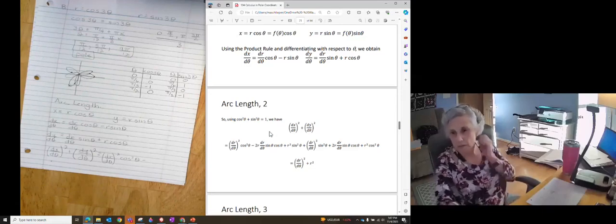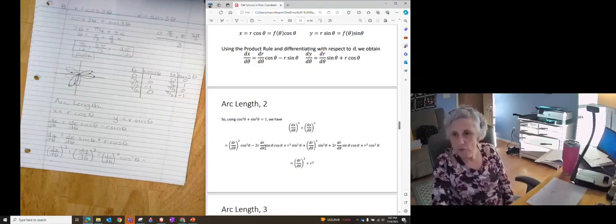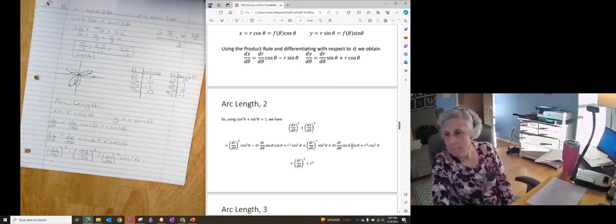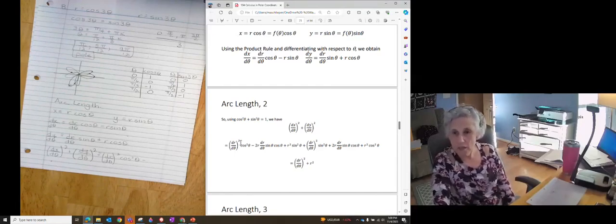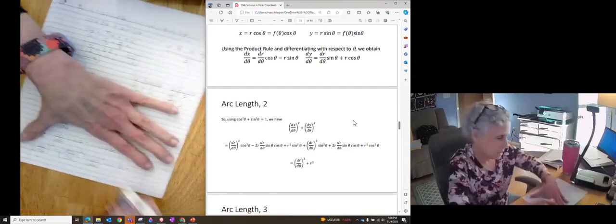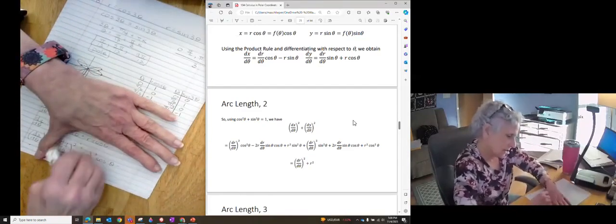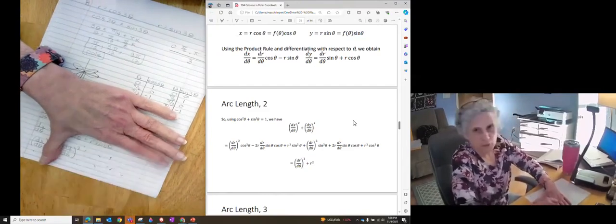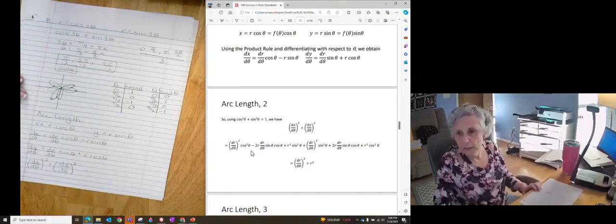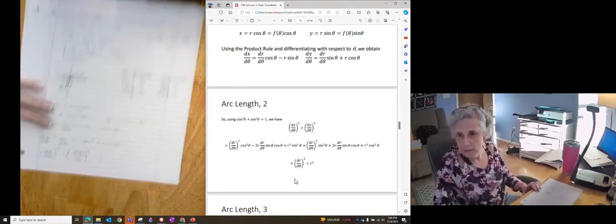Okay, so let's see what we have here. We have 2r dr/dθ sine theta cosine theta, plus and minus, so that goes away. We already know that these two things undo one another.